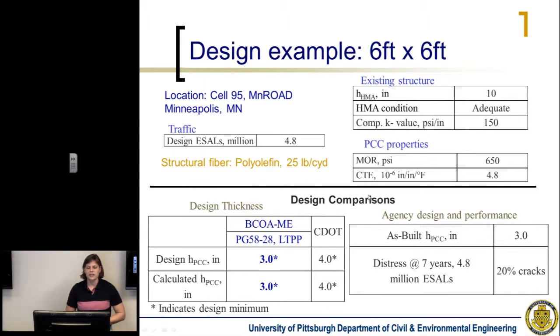So the last design example I'm going to show you will be up at the MnROAD test section. It was an overlay placed on I-94 outside of Minneapolis, Minnesota, and this was on a relatively thick asphalt layer, 10 inches. The design traffic was 4.8 million, and this did actually see 4.8 million ESALs, so we'll have an end-of-life example here.